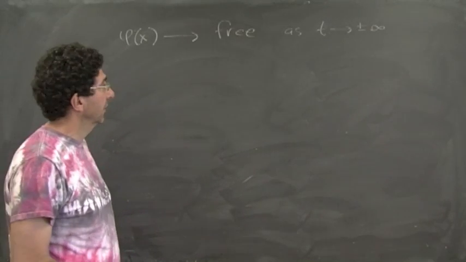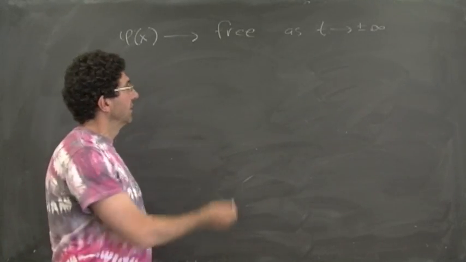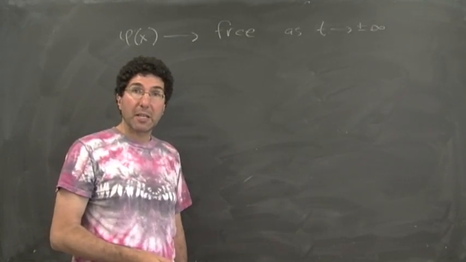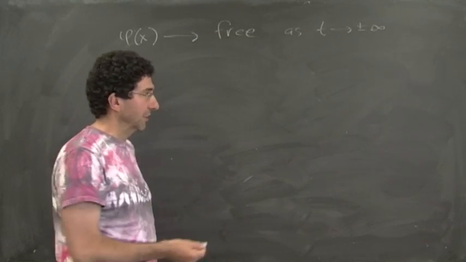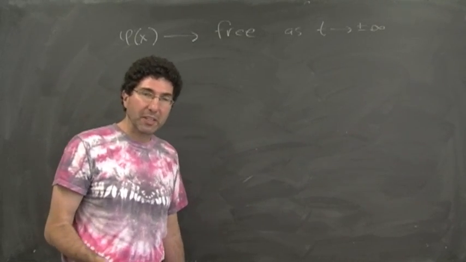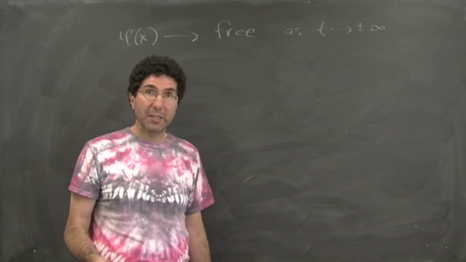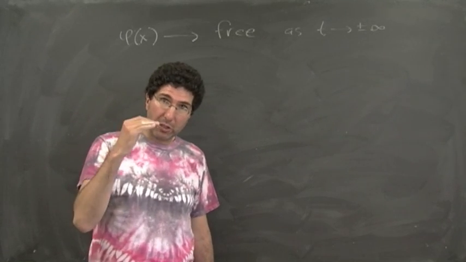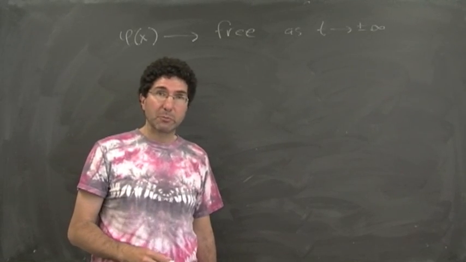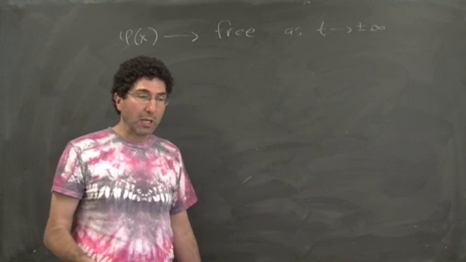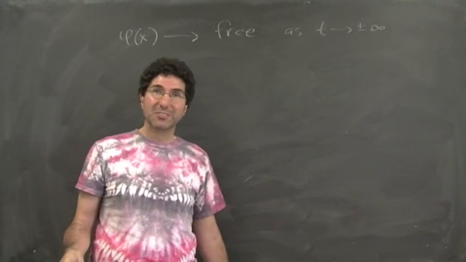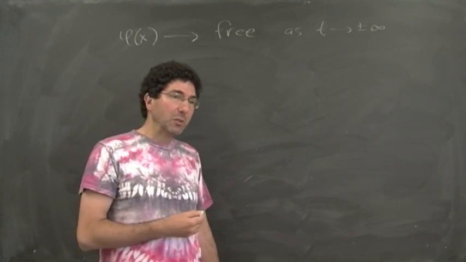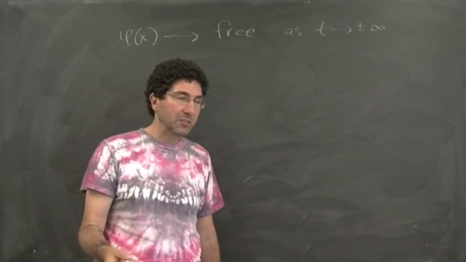Now, you would notice that this is not something that I have derived. I've just asserted it. And this illustrates something about the way physics works. Mathematicians always want to derive everything from some set of assumptions. In physics, we're most often interested in testing the assumptions. So we make assumptions, we try to work out what the consequences are.